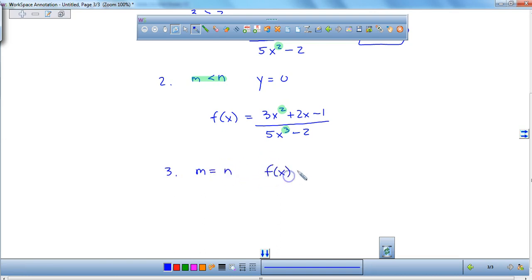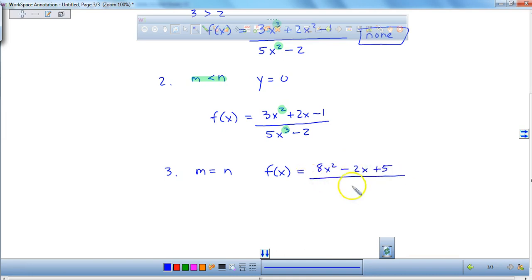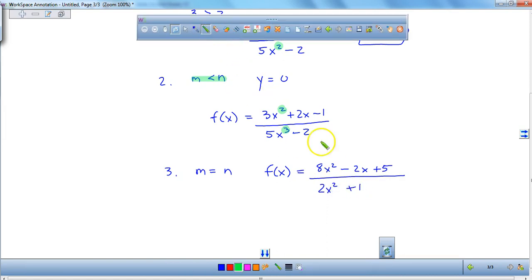Ready? f of x equals, let's say, 8x squared minus 2x plus 5 over 2x squared plus 1. Can you see that these powers are the same? 2 is equal to 2.